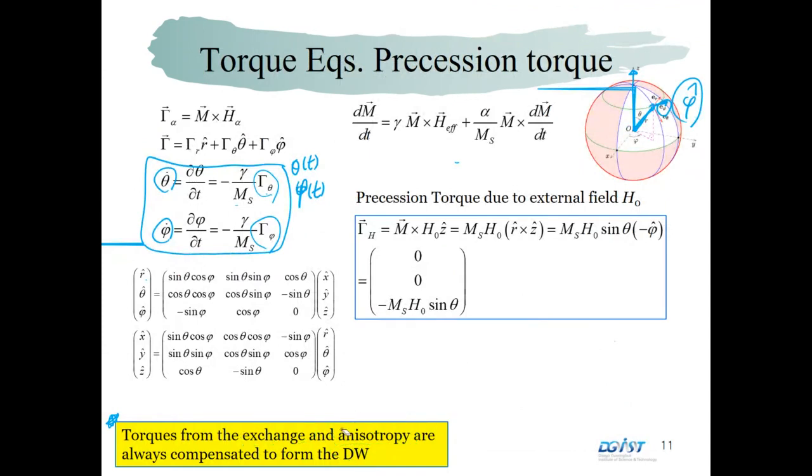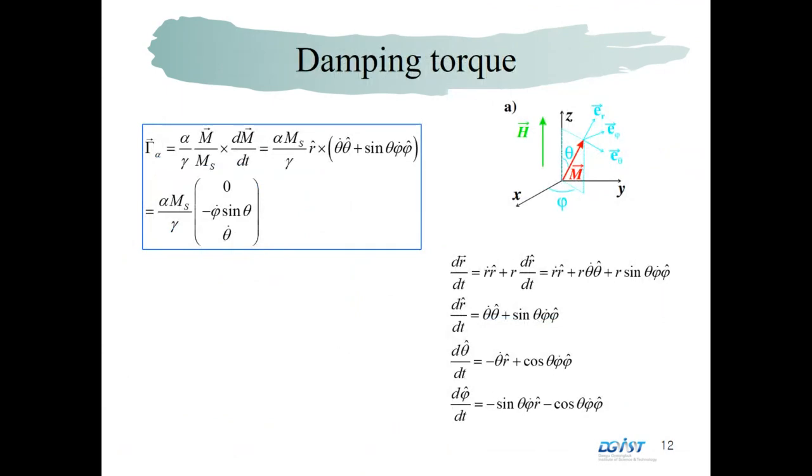Okay, so now we are focusing on only the external magnetic field. And we have a torque because of the field, something like this. And let's think about the damping torque. This is the damping term, and let's define the damping torque in this form. Here, let's do it again. We have alpha over gamma here, and we have a magnetic moment, which is MS r, and this is also MS r.